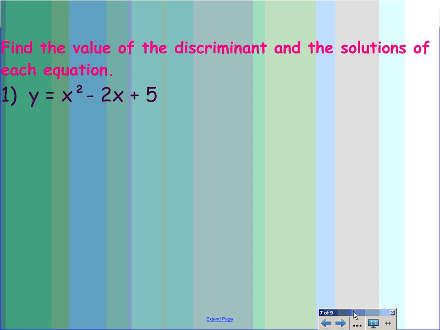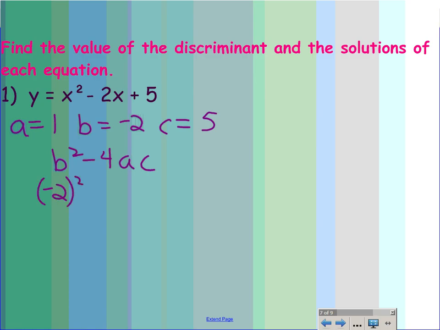So for this one, I'm going to pull out my A, 1, B is -2. It's in our right format. I'm going to write the discriminant each time so I can substitute in. So I've got -2, that quantity squared, and then A is 1, C is 5. That's going to give us what? 4 minus 20 or negative 16.